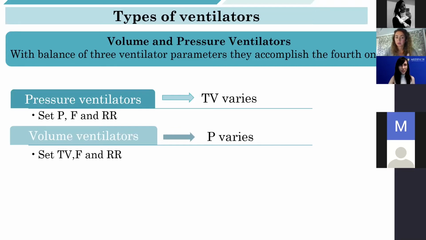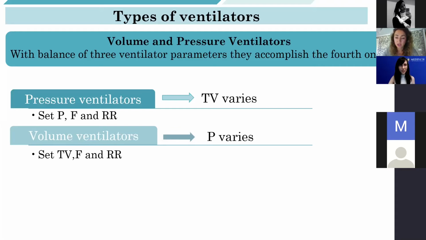For example, if the patient is having some secretion or spasm, the set pressure of the machine will deliver a smaller tidal volume. That's why you should always be present and set the adequate amount of pressure to achieve the desired tidal volume for the patient. On the other hand, in volume-controlled ventilation, we set the tidal volume, we set the flow, and we set the respiratory rate.